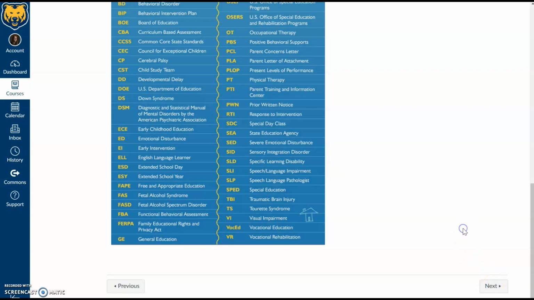I have had parents and guardians actually stop a meeting and say to me, please stop using acronyms. And I work hard to not use them in my practice, but sometimes they just come out of our mouths because they're easier. It's easier to say SED than serious emotional disability, or FBA, functional behavioral assessment. And it's the language that we use on a daily basis with colleagues in special education.